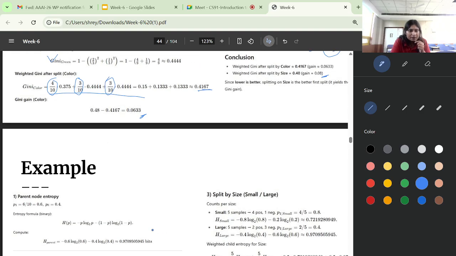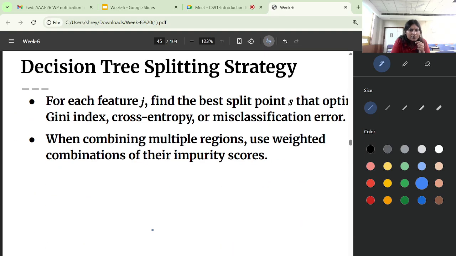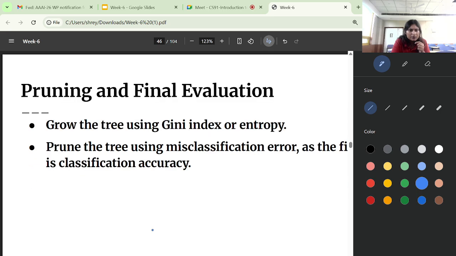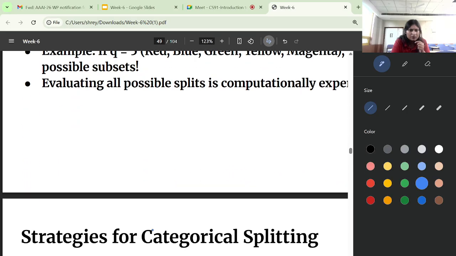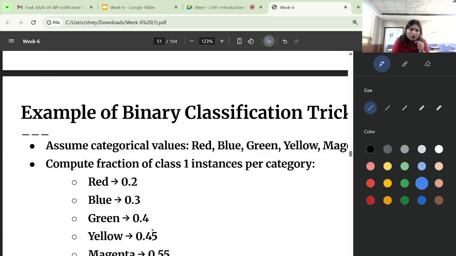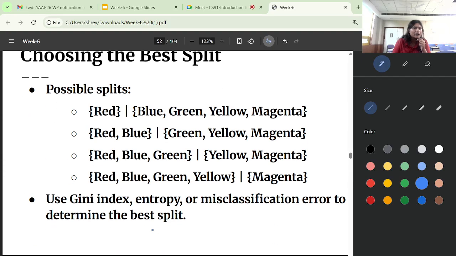This is a complete example, you can go and search it, and after this there is nothing more. This is all I have discussed actually. I have already told you that if there are q classes, we can take q minus 1 splits.